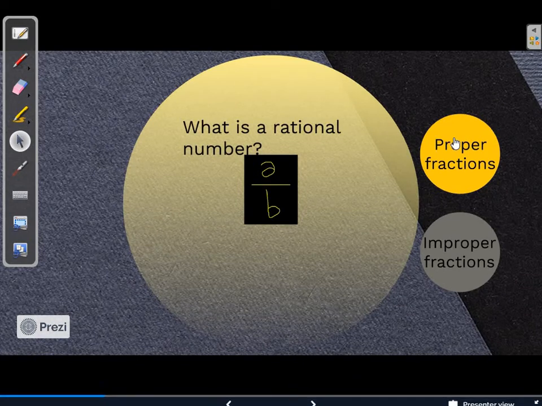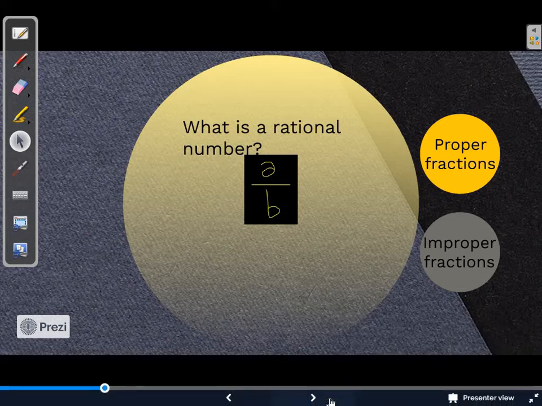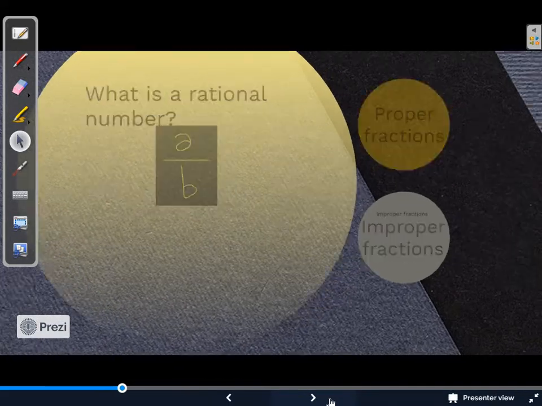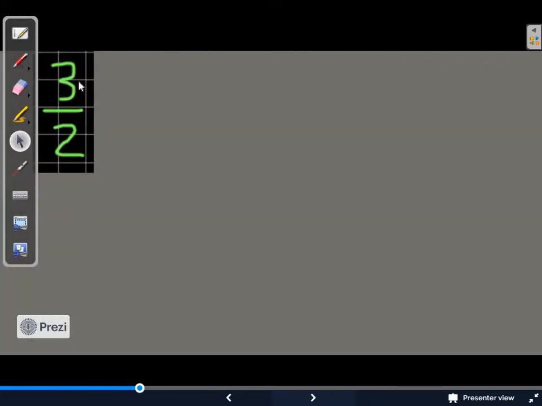But there are other kinds of fractions, because the ones that we saw, the proper fractions, are those where the numerator is less than the denominator. What about improper fractions? What are they? Well, they are the opposite. Improper fractions have the numerator greater than the denominator. For instance, 3/2. 3 is greater than 2.